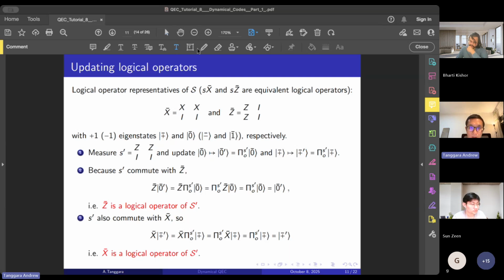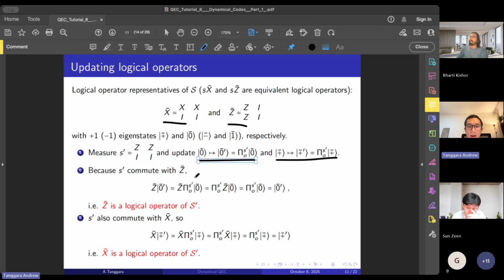So after I measure this, I also do an update on these +1 eigenstates. I'm going to do the same thing as what I did in the previous slide, and check if they're still the eigenstates of this X and Z.